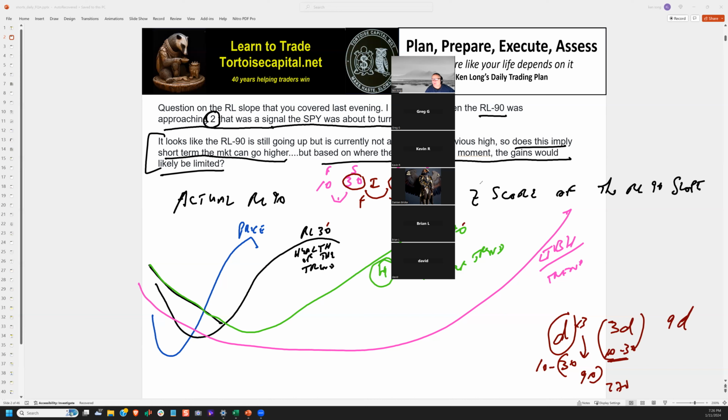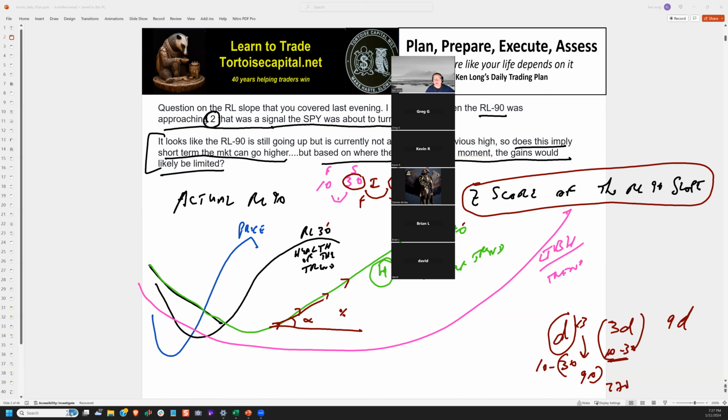Now, the z-score is related to the slope of the regression line itself, right? At any given moment, there's a little angle alpha, and that has a slope. We can measure that in terms of degrees, and the steeper the slope up, the better the trend is, because it's rising faster in the same period of time.